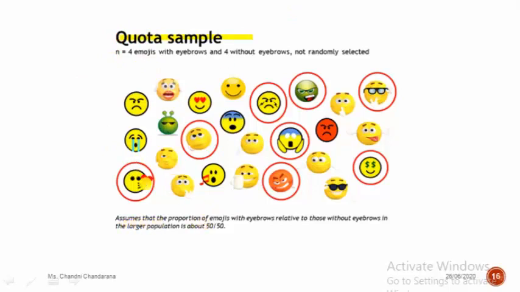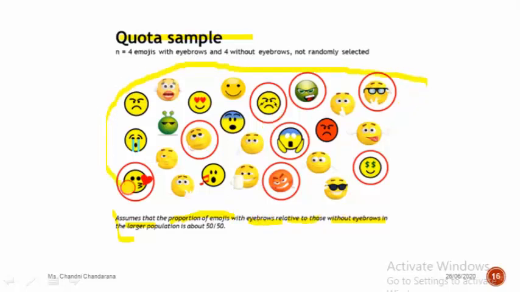So here you have to assume, first we have a population. We have our decided population. Now, from the population, we have to make a quota as per our convenience. Means we have to fit that particular sample into the quota. So here we assume the proportion of emojis with eyebrows relative to those without eyebrows.